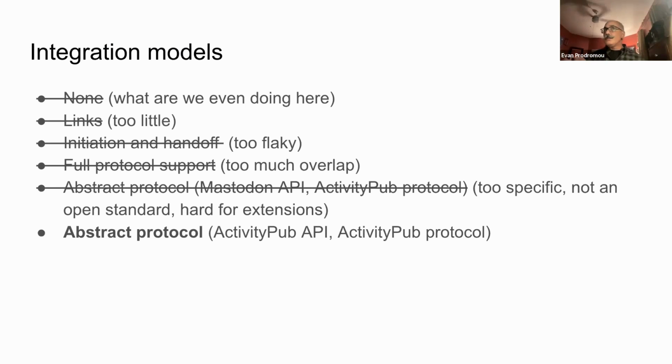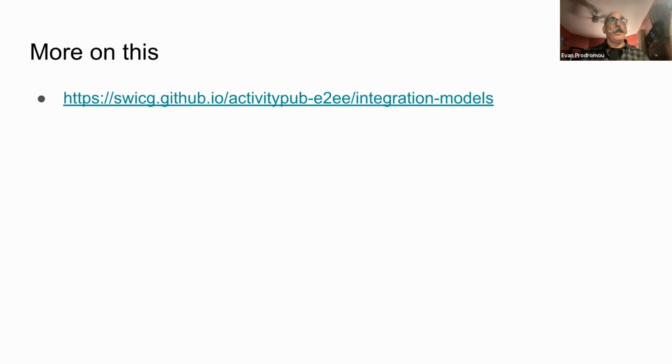So given those different kinds of integration models, from having none, which isn't really doing anything, to having a full-on integration with some other protocol, we decided that the right way to go was with an abstract protocol that works on top of the ActivityPub substrate. So which abstract protocol to choose?